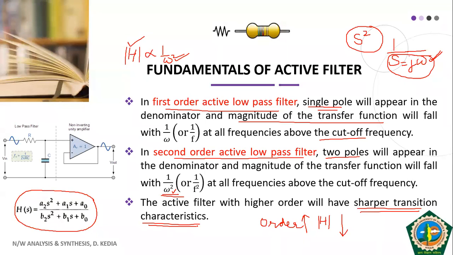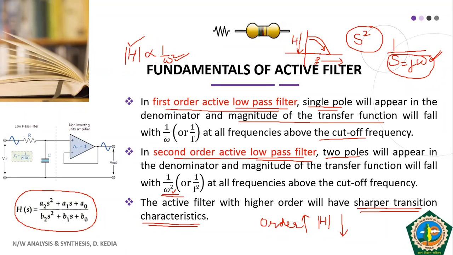And the concept of order of filter is clear to you. Here we are specifically mentioning low pass filter. Why low pass filter? In case of a low pass filter, as the frequency increases, or omega increases, the magnitude of the transfer function is decreasing.